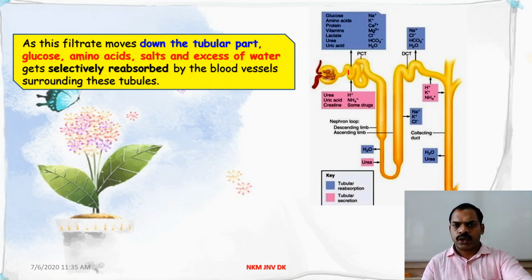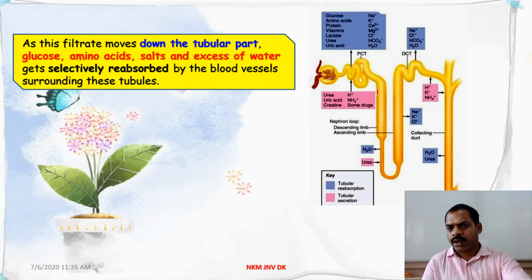When the filtrate is passing through this tubular part, this is where the glomerular filtration takes place, we know. When it is passing through that, we don't want to lose the glucose. We need glucose, we need amino acids, we need minerals. So these components we will reabsorb.